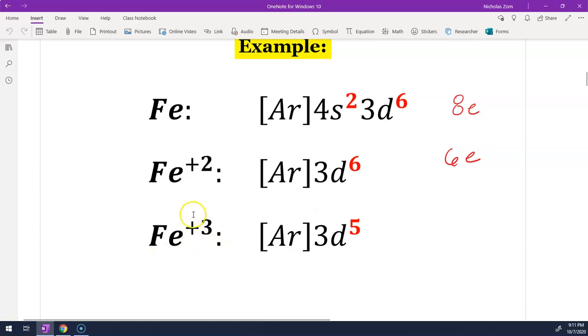And then here we have iron with a +3 charge, so that would mean that we have 5 electrons. And if you look at these 3 examples, you'll see that all of these match up here. So 8 electrons, you can see them listed right here. We have 6 electrons listed here, and then we have our 5 electrons listed here in the d orbital.